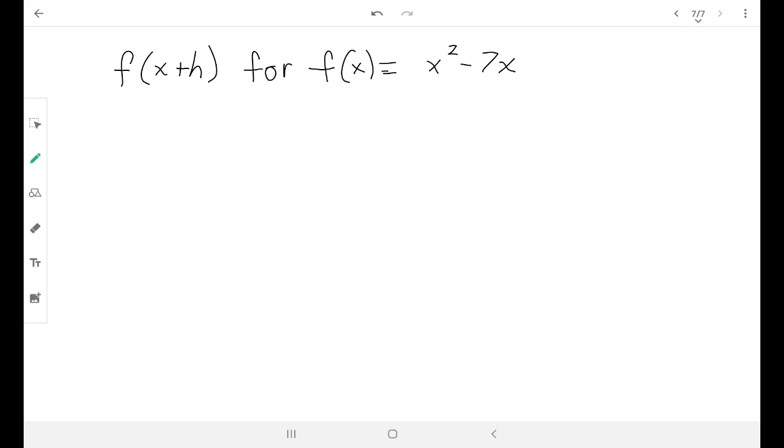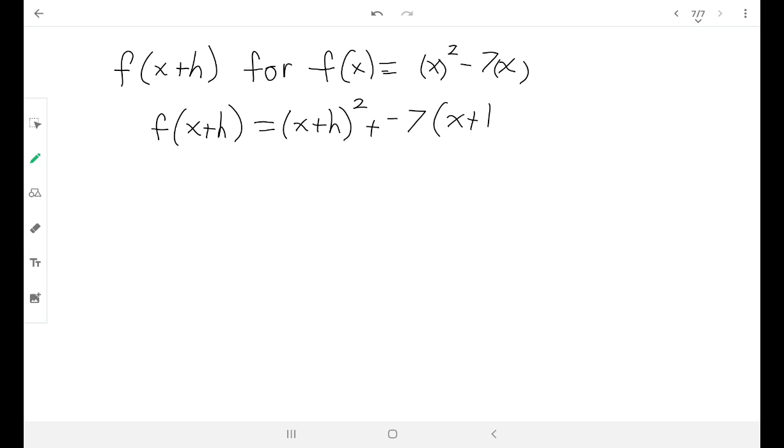So what that means is put parentheses around every instance of x and replace it with x plus h. So then you get x plus h with a power of 2. Minus, I'm going to turn into plus negative, and parentheses, and instead of just x, it becomes x plus h.